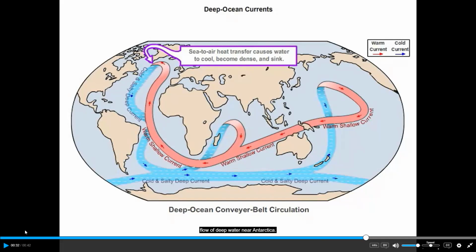The density differences are due to temperature and salinity, like we talked about in the last chapter. So the deep ocean circulation is also referred to as a thermohaline circulation. Thermo referring to heat, haline referring to salt. So the increase in density can be caused by, as we saw again in the last chapter, a decrease in temperature or an increase in salinity.